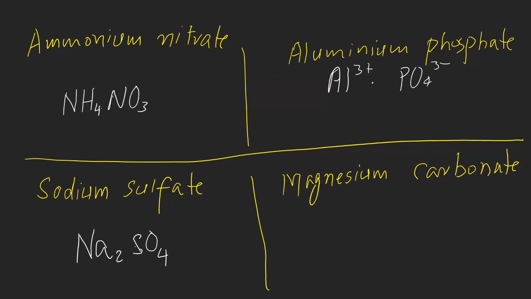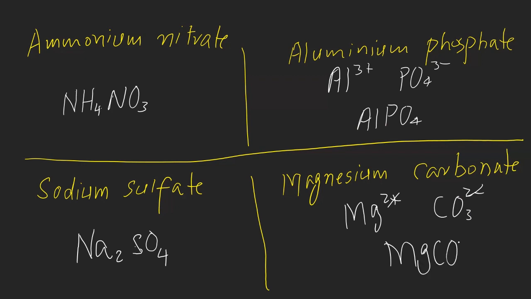You don't need to crisscross, just put them together. So aluminum phosphate, AlPO4. Same is true for magnesium carbonate. Mg is 2 plus, carbonate is 2 minus. So you can just write them together, MgCO3.